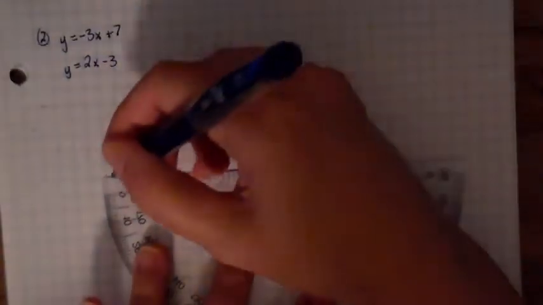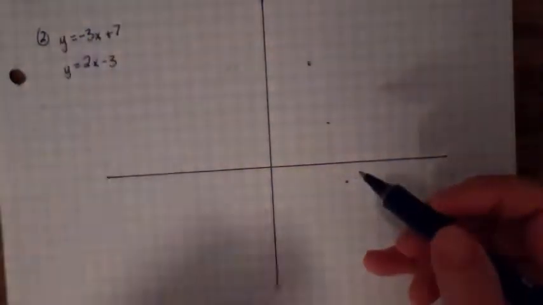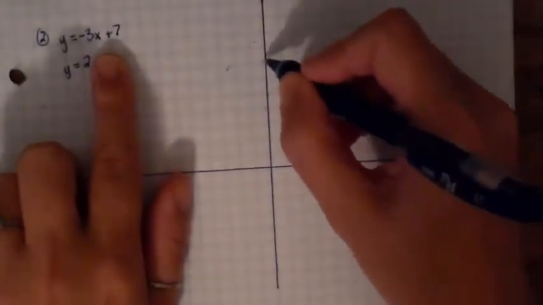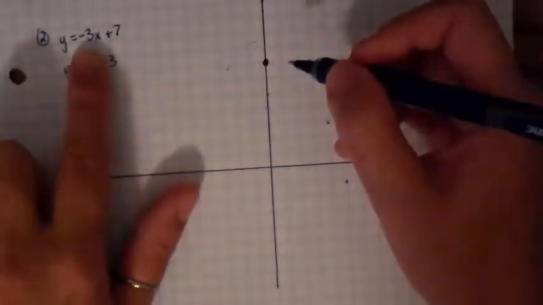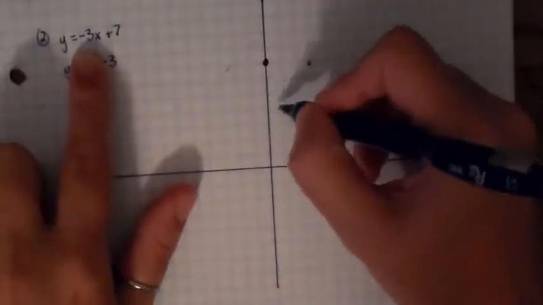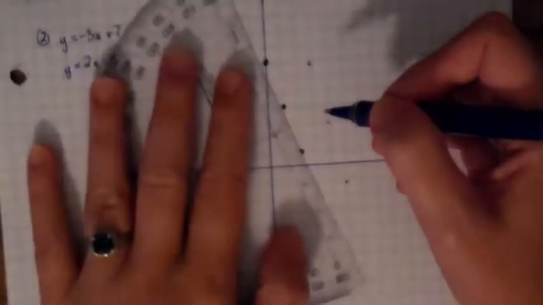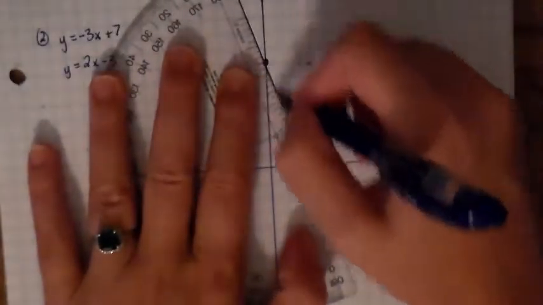We'll make my graph. I start at 7, and my slope is negative 3, so I go down 3 and over 1. And I go ahead and connect those points.